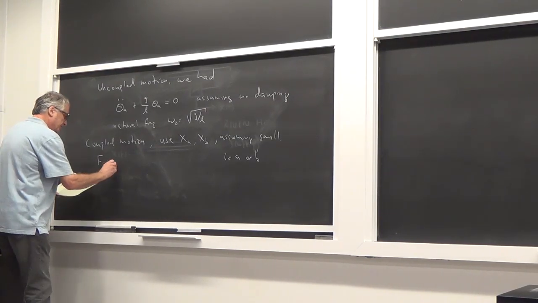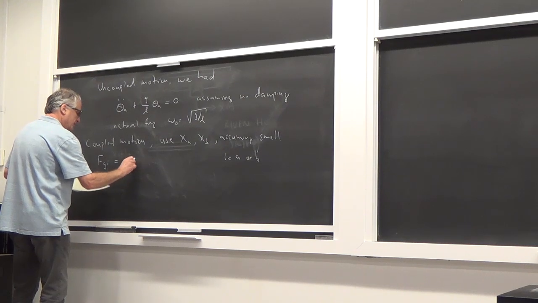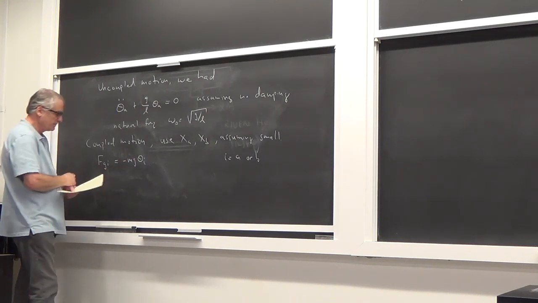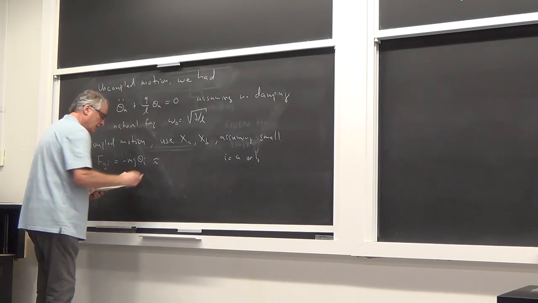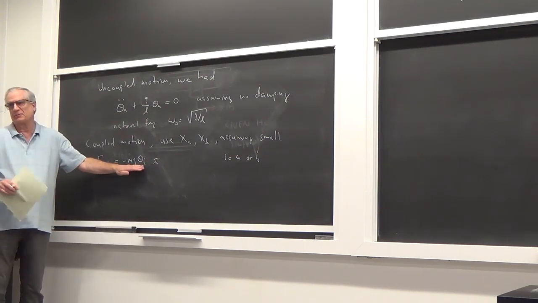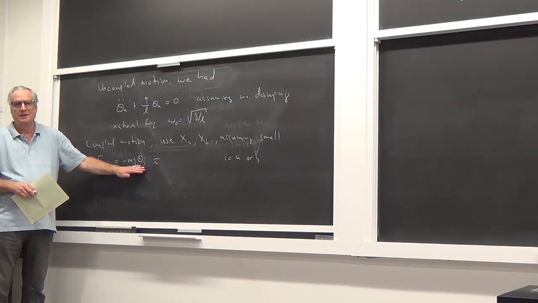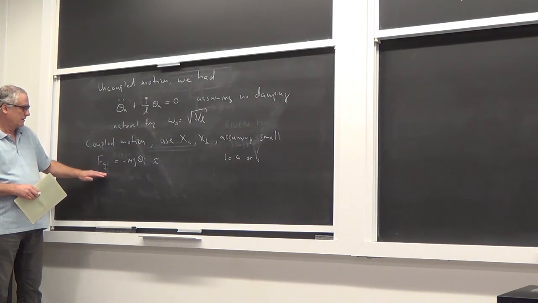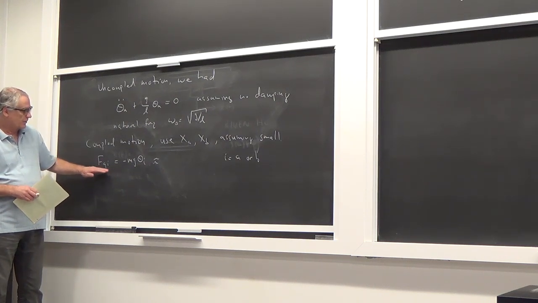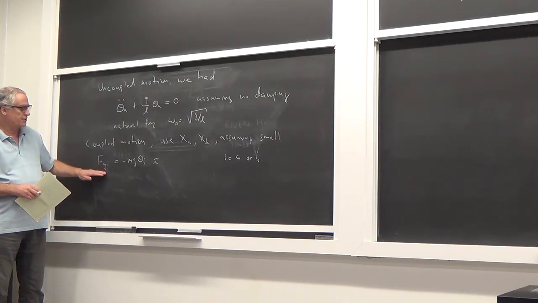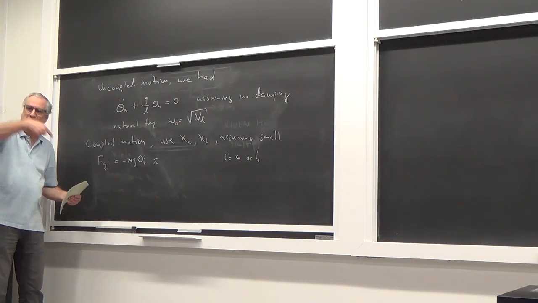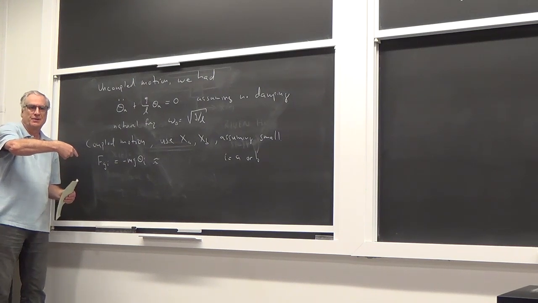So the gravitational restoring force is minus mg theta sub I. We derived this before, so I'm not going to do it again. The force goes like the component of the gravitational force back towards the equilibrium position.